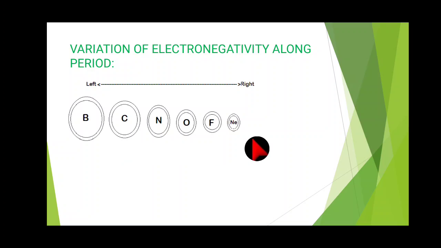Okay. Now the electronegativity is inversely proportional to the atomic size. So left to right atomic size decreases, and the same left to right electronegativity increases, because of the tendency of an atom in a molecule to attract the shared pair of electron towards itself. Nuclear charge also increases left to right.